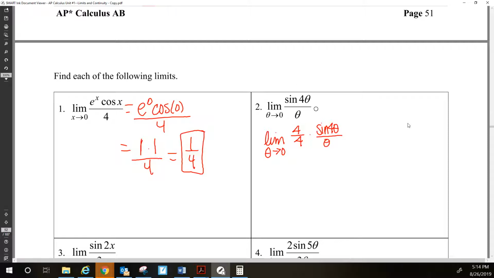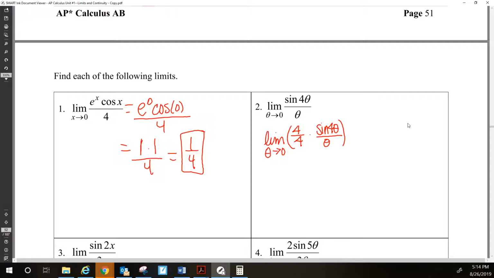So what did I do to this if I put 4 over 4 in front of it? What is 4 over 4? 1, right? So I didn't change the value of it. I'm just going to change the way it looks so that I can use that understanding that the limit of sine 4 theta over 4 theta is 1.